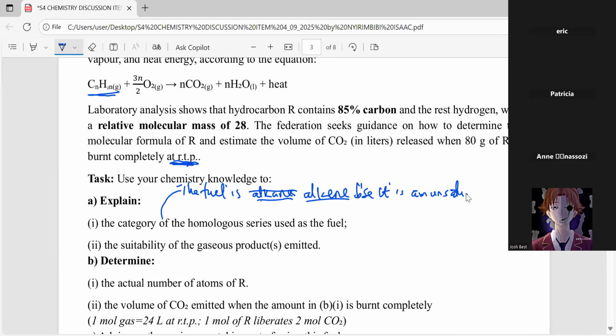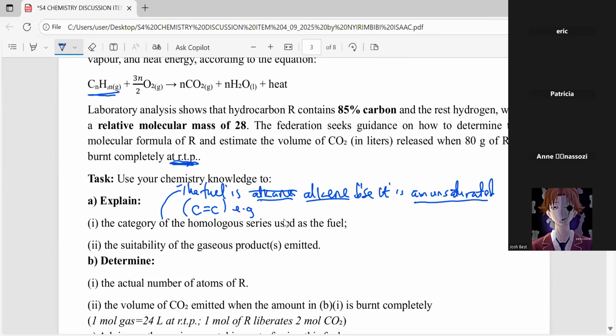Are you meaning this one? I mean, with at least a double bond between two carbon atoms. Okay, I believe that is it.